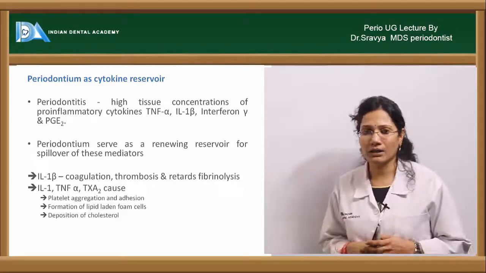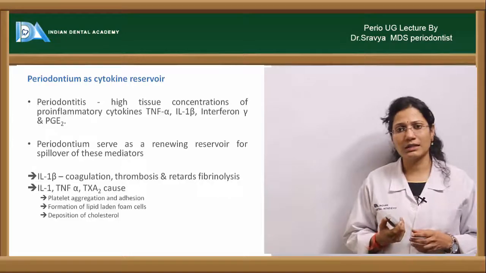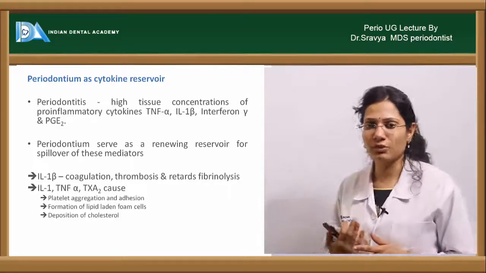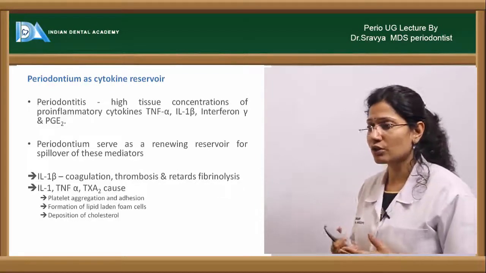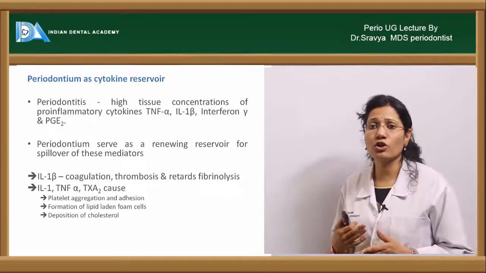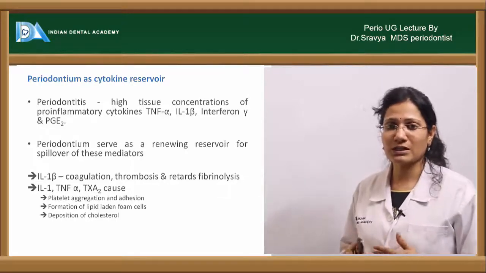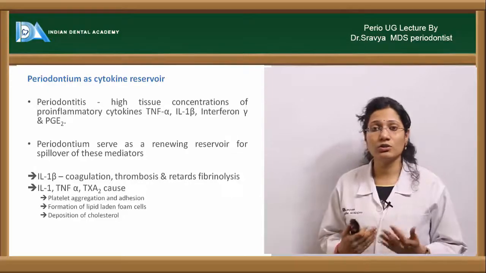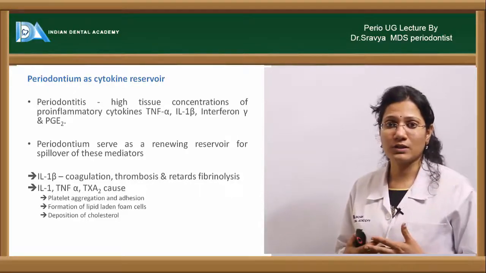Now, you know, periodontitis is a chronic inflammatory condition. It's an immunoinflammatory disease. It's a polymicrobial infection. So as there is an infection, there is a constant, chronic inflammatory process happening, and the body is into excess production of cytokines.